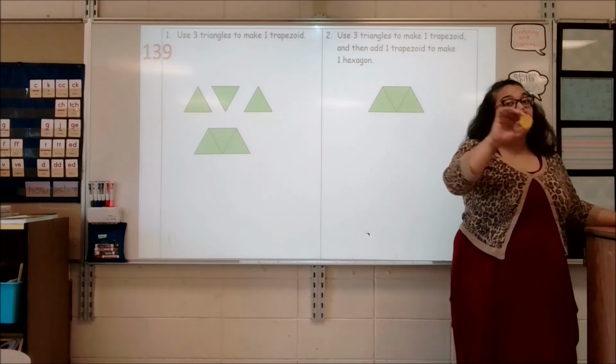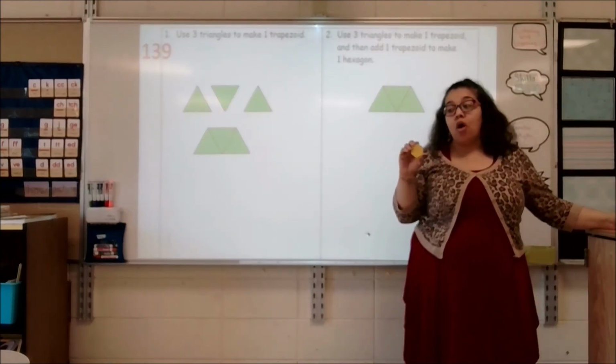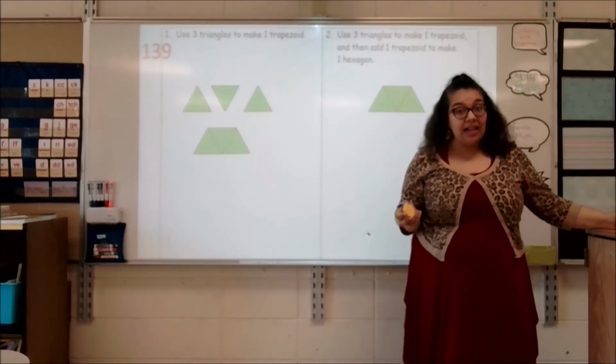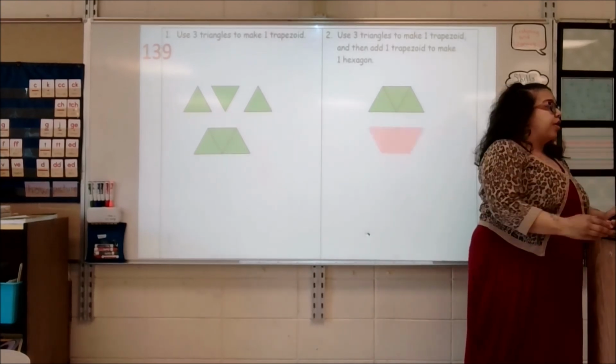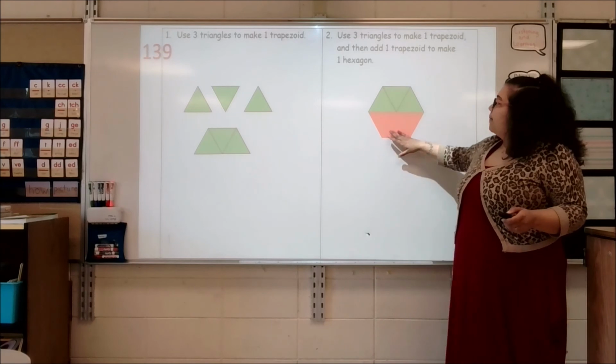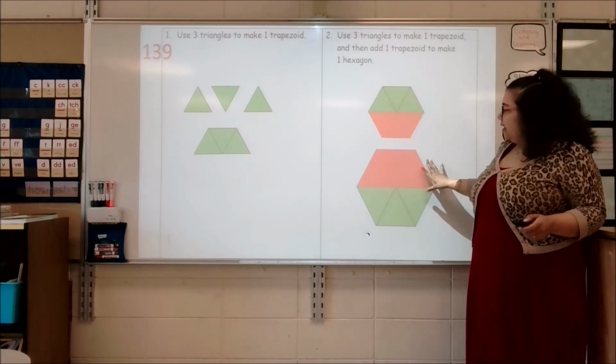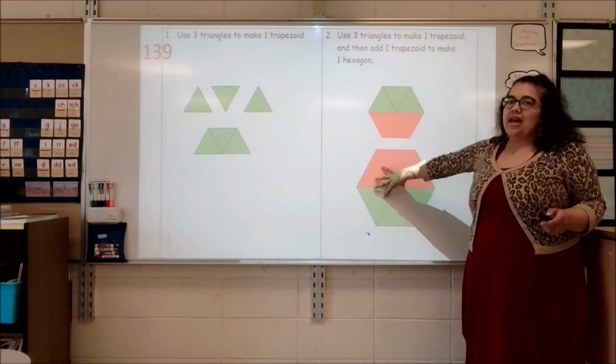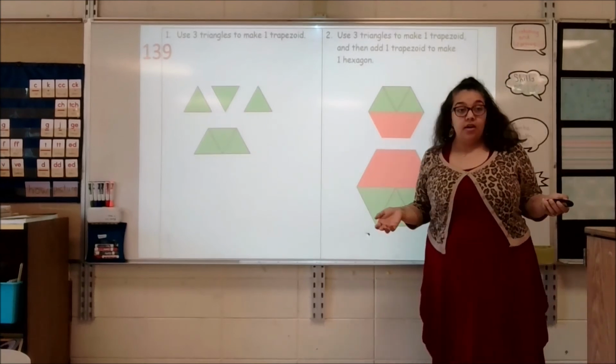Now, if we're looking to make a perfect hexagon where all the sides and corners are exactly the same, then we're going to want to flip our trapezoid upside down and build our shape like this. See? Flipping it over, it still looks exactly the same when you rotate it. All right?